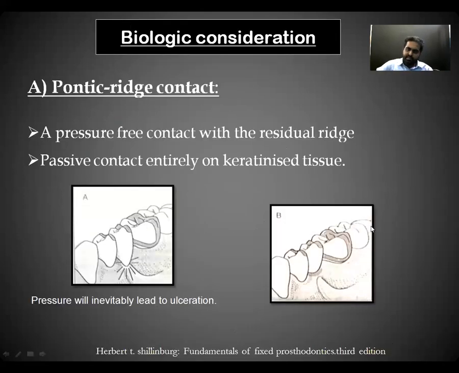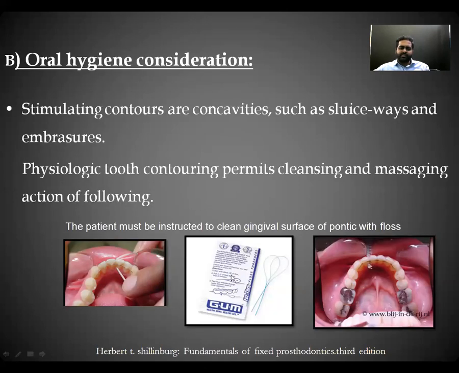The first one is the biological considerations. The Pontic and ridge contact plays a very important role in this. There are various types of Pontic which have contact with some amount of tissue, and there are various Pontics which don't have any contact with the ridge.